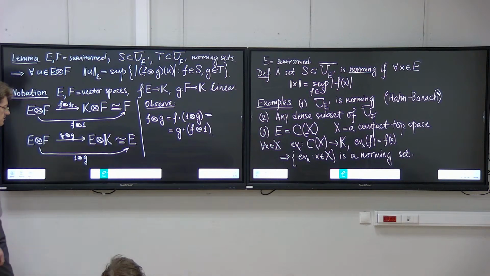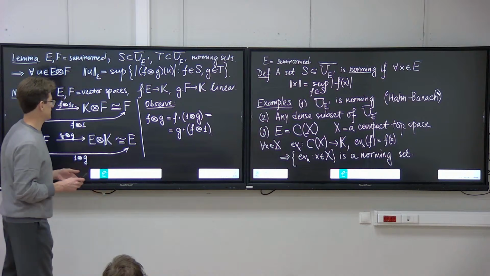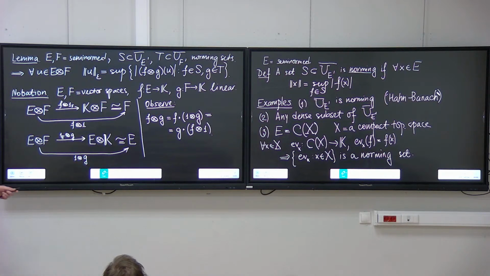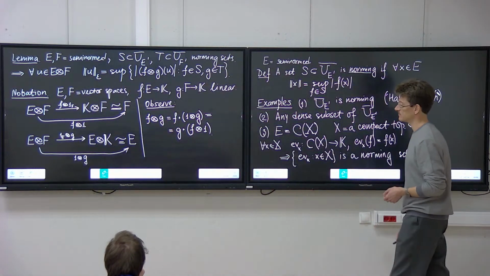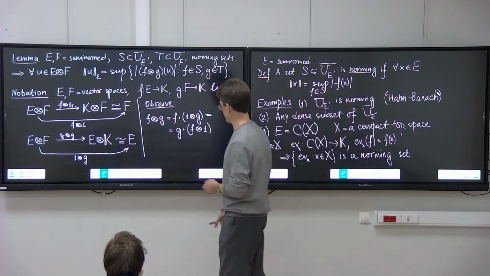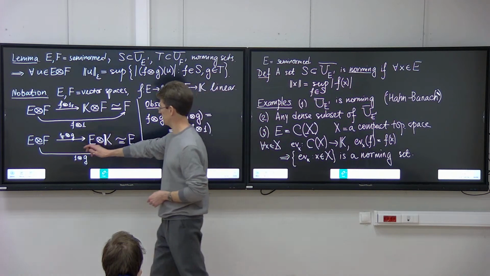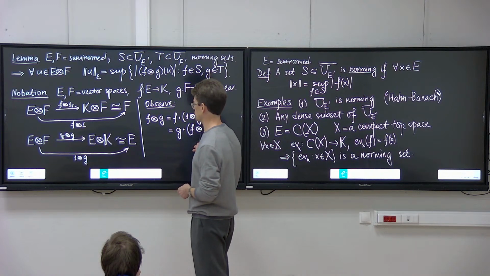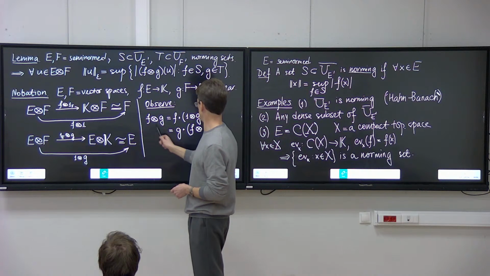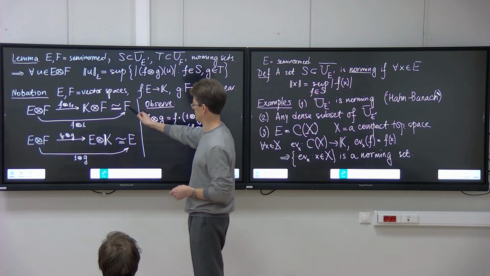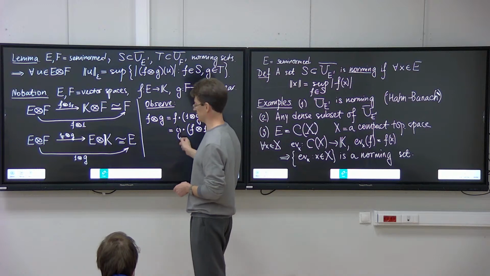To prove these formulas, we simply substitute elementary tensors. So these functionals agree on elementary tensors, and since every element of the tensor product is a sum of finitely many elementary tensors, we get these equalities. Well, look, 1 tensor G acts from here. F tensor 1 acts from here to here. G acts from F to K. So this is well defined.